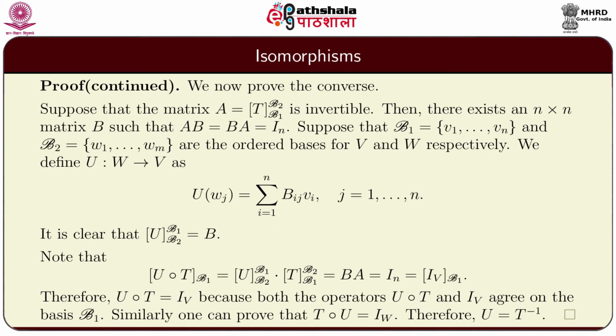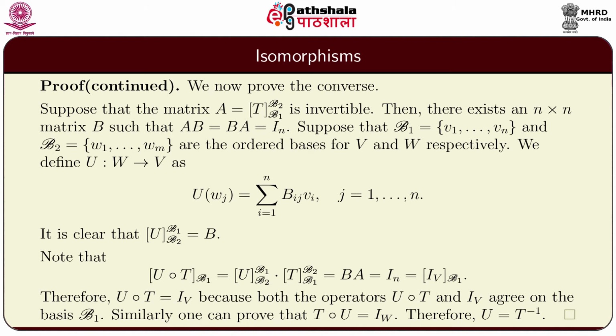Now, suppose that B1 is V1, V2, ..., Vn and B2 is W1, W2, ..., Wn are the ordered bases for V and W respectively.